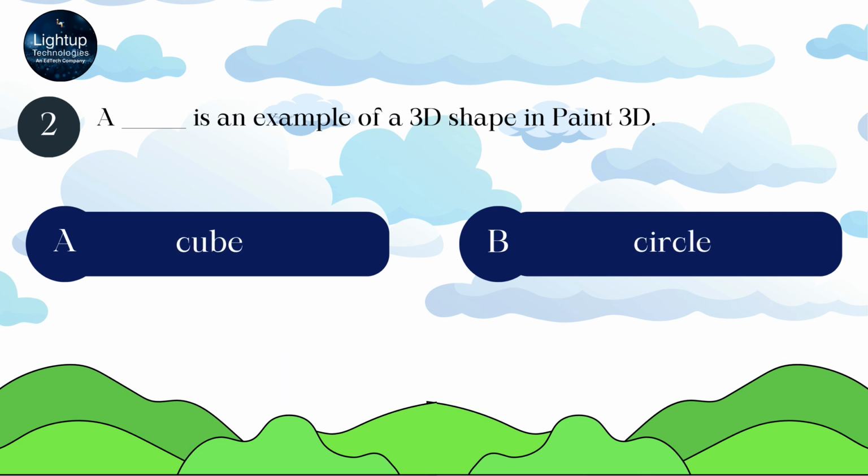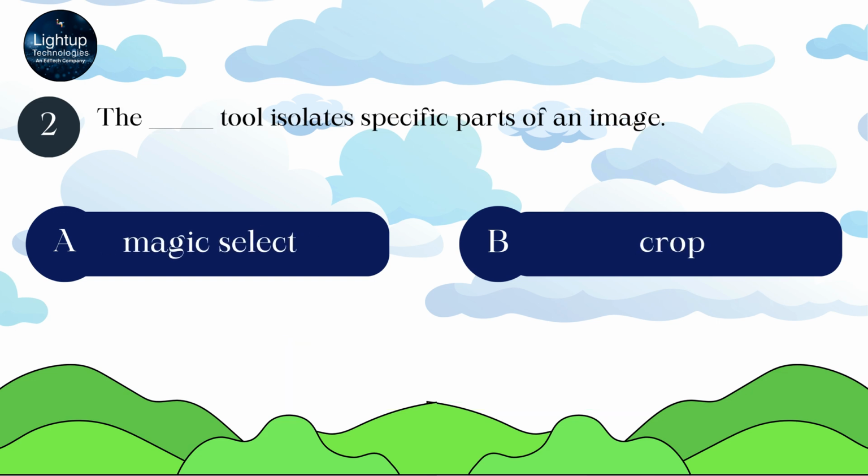A ___ is an example of a 3D shape in Paint 3D. The ___ tool isolates specific parts of an image.